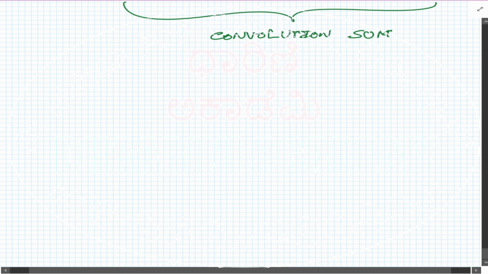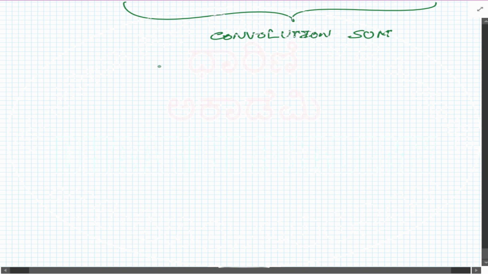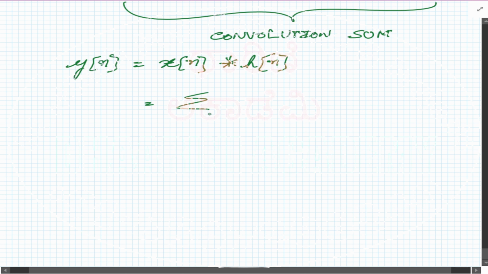We have two options. The second option is pretty simple, but I don't want to go there. I want to go with the one standard technique which is straightforward. Let me write the equation once again. Let us say I have y of n equals x of n convolution h of n. This is as given, as per the equation.